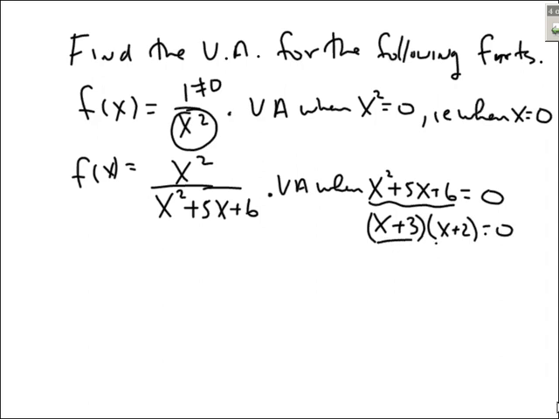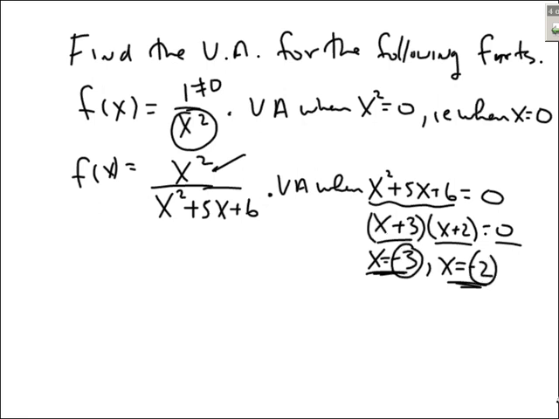Well, if this times that is 0, then either the first factor is 0, that happens when x is negative 3, or the second factor is 0 when x is negative 2. Now, the numerator says to square x. If you square either of those numbers, you don't get 0. That is, negative 3 and negative 2 make the bottom 0 but not the top.